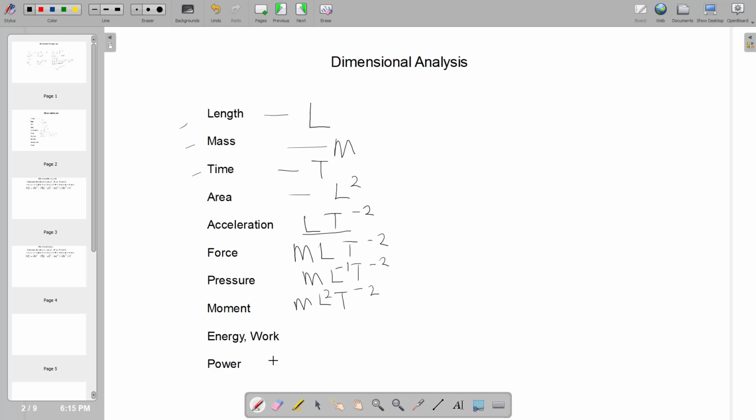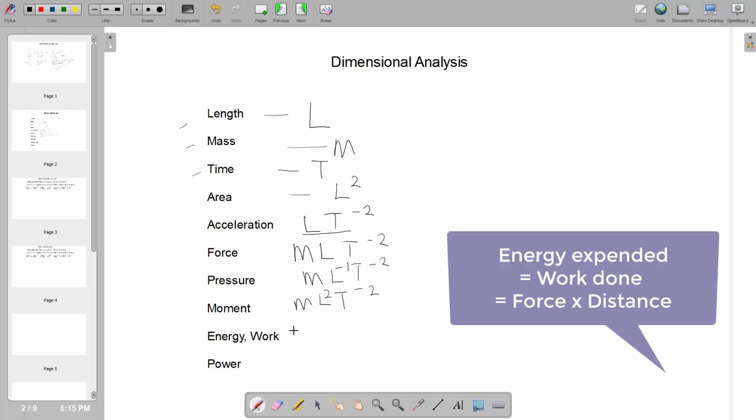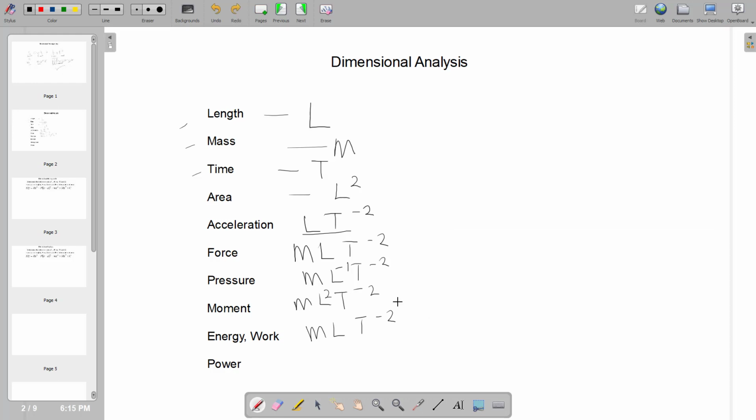Now energy or work. Just pick for each of these quantities any formula you know. For energy, we know force times distance to be energy expended or work done. So we already have force to be MLT negative 2, and then we multiply this by some distance, so again it becomes L squared.